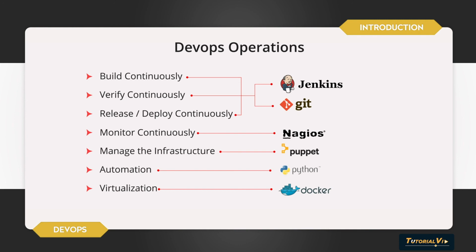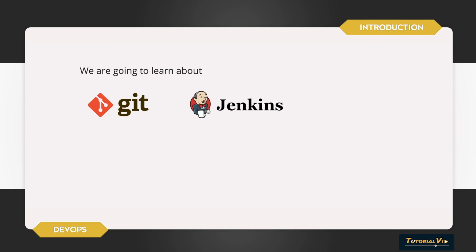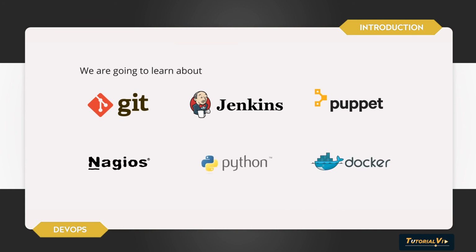Let's find out in brief what we are going to do in our certification classes. This gives a brief idea of what we are going to learn: Git, Jenkins, managing our infrastructure as code using Puppet, monitoring using Nagios, automation and containers.